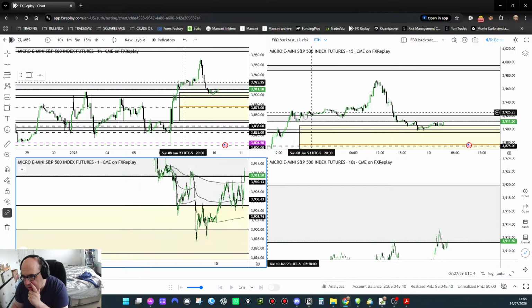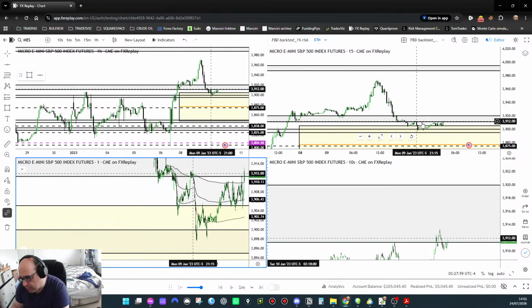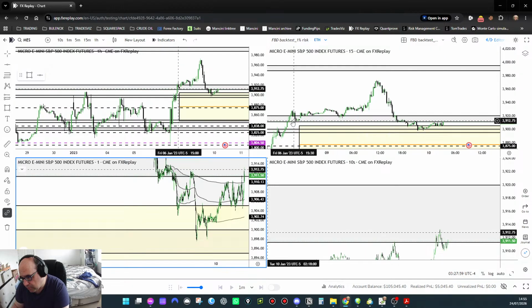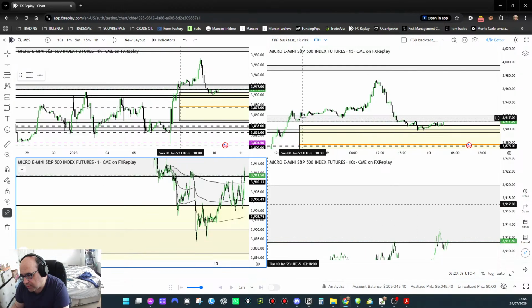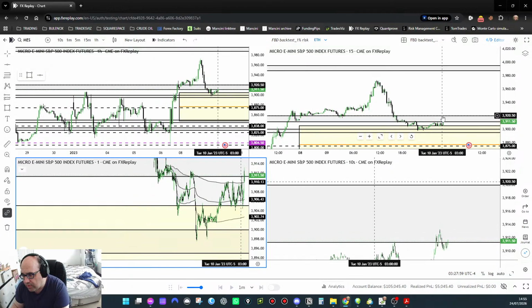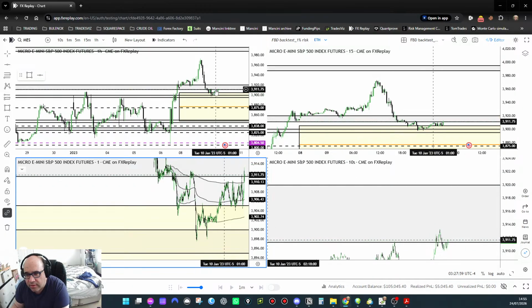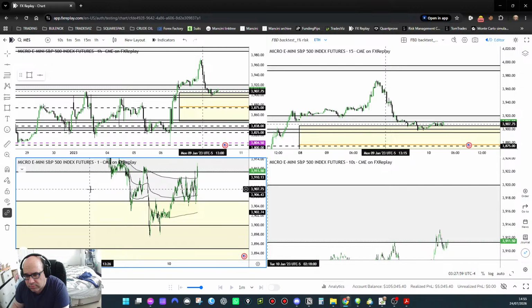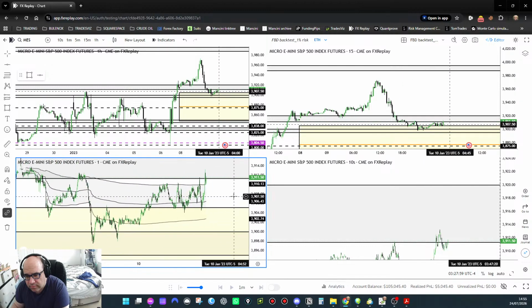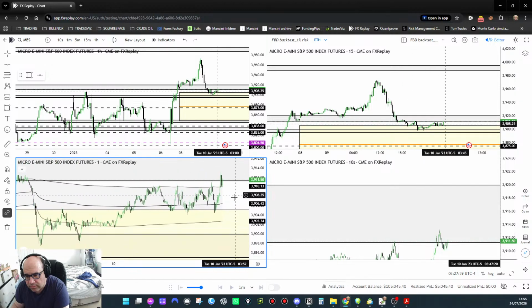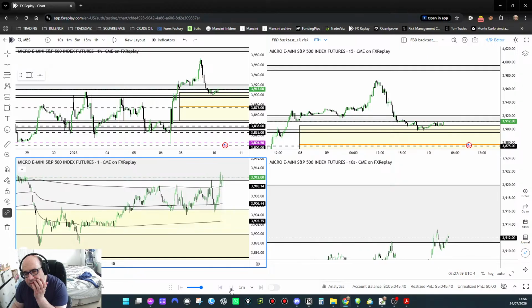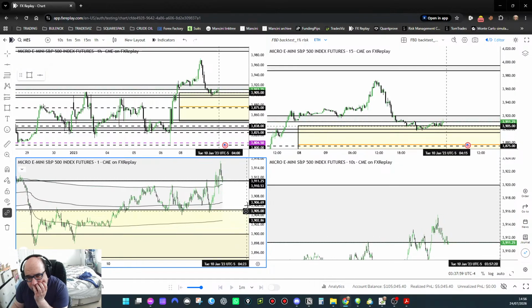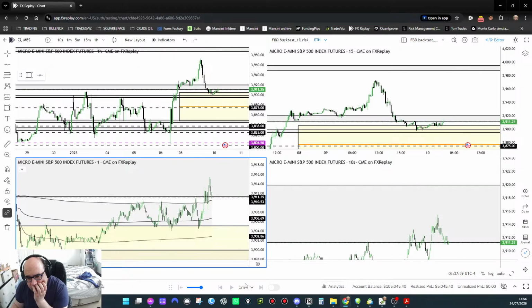So actually, if we consider this whole structure here is a failed breakdown to this low, so in theory, since we recover these 39.11s, we can aim for the highs more safely if we go above the 20s. It's gonna slow down a little bit.